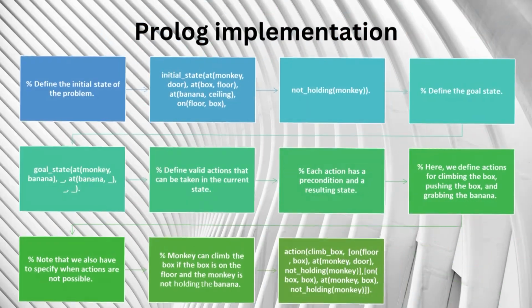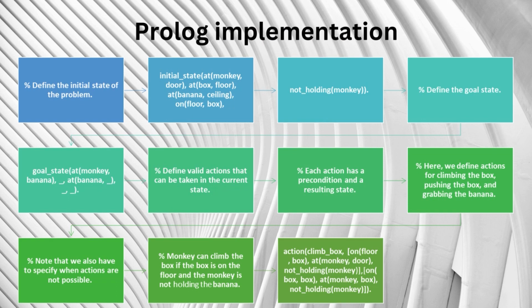So, in Prolog, define the initial state of the problem. Initial state: at monkey, comma, door, comma, at box, comma, floor, comma, at banana, comma, ceiling, comma, on floor, comma, box, comma, not holding monkey, full stop.